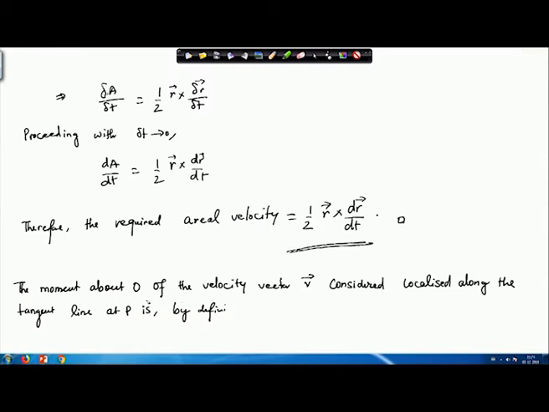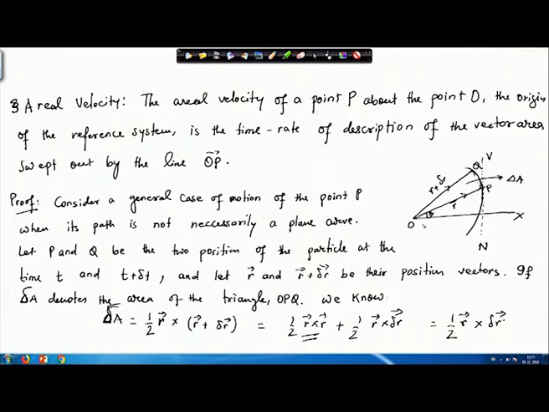So, the moment is basically the moment about O. So, the moment of the particle about O of the velocity vector basically.